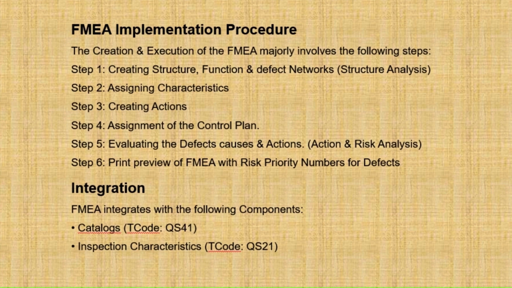We will evaluate the defects, causes, actions and the severity of it. Then the RPN value will be calculated based on those values, as well as the catalogs and the MIC. So these are the two more components which will be involved in this FMEA.